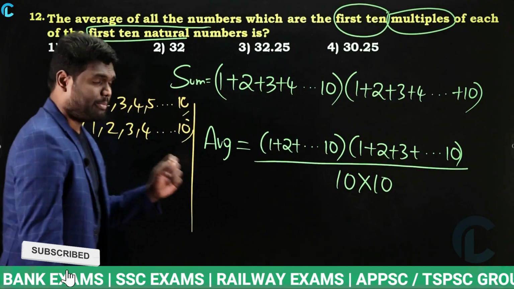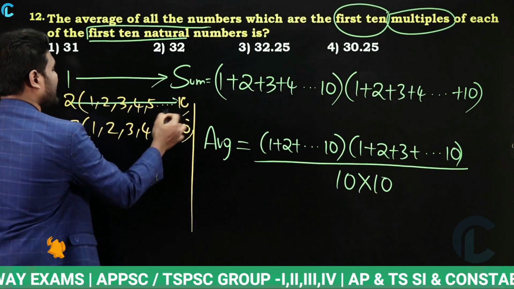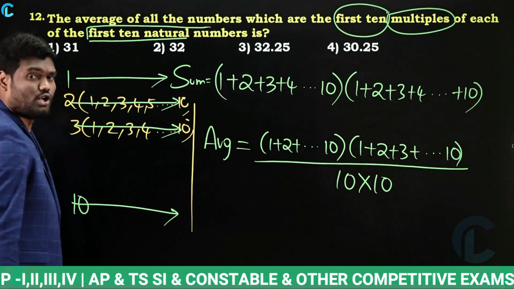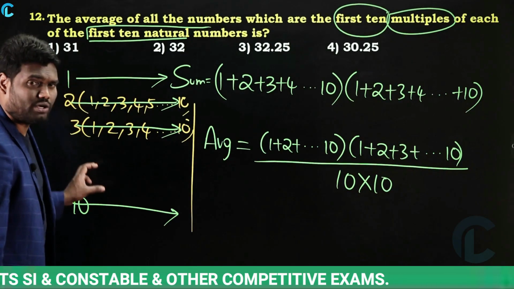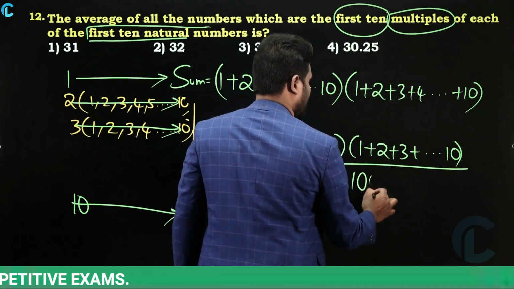Yes or no? Why? Because 1 appears 10 times, 2 10 times, 3 10 times, similarly 10 will have 10 times. So total numbers is 10 into 10, that is 100. Yes or no?